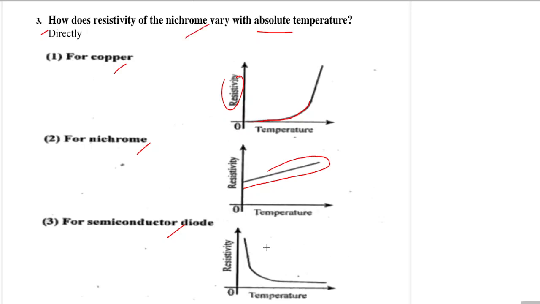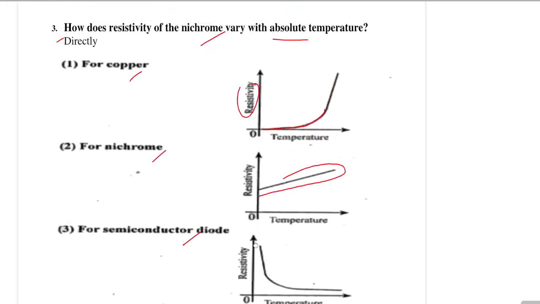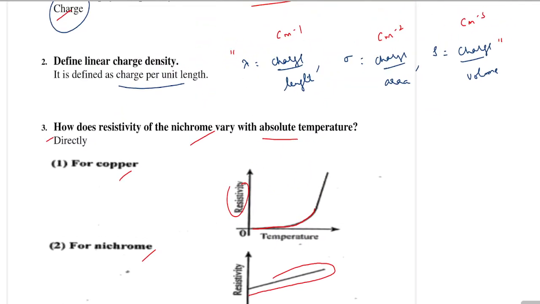And for the semiconductor, it decreases. So they may ask you to name a material for which resistivity decreases with temperature. The answer is semiconductor. Understand these things also. Don't just by-heart answers for a given question. It's of no use. Go beyond that, as has been done here. This is number 3.